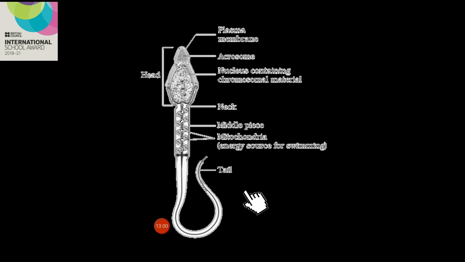Especially the molecule which can be seen inside the acrosome will help the sperm to recognize the ova of the corresponding species. Along with that, hydrolytic enzyme which can be seen inside the sperm will facilitate the easy penetration of the sperm through the membranes of the ova.